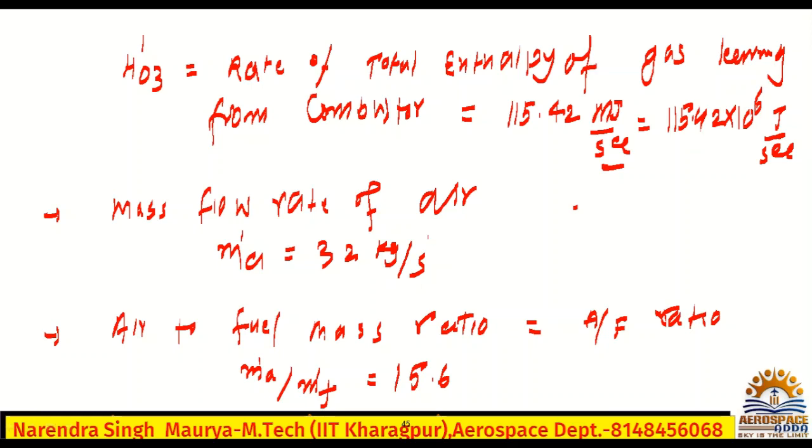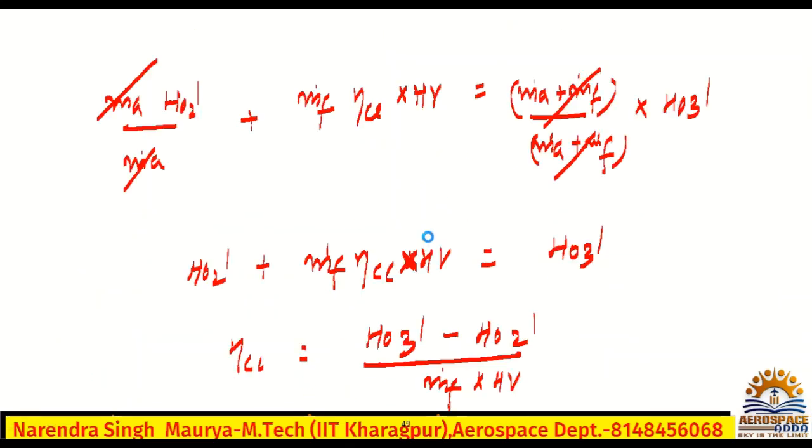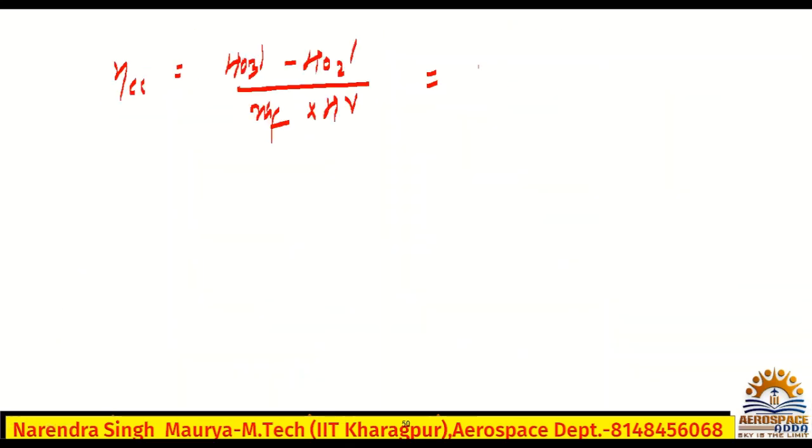So this is nothing but 115.42 into 10 to power 6. Yes or no? This is the value. Next is h naught 2 dash.